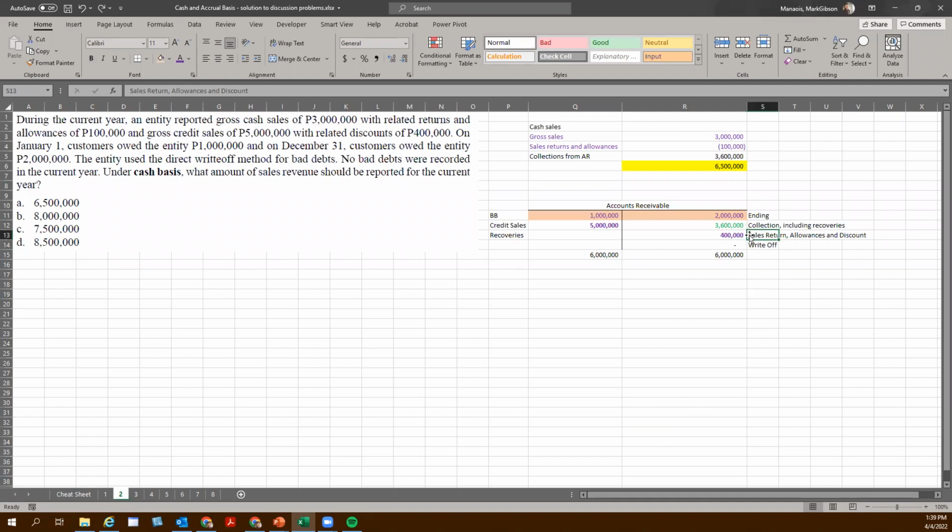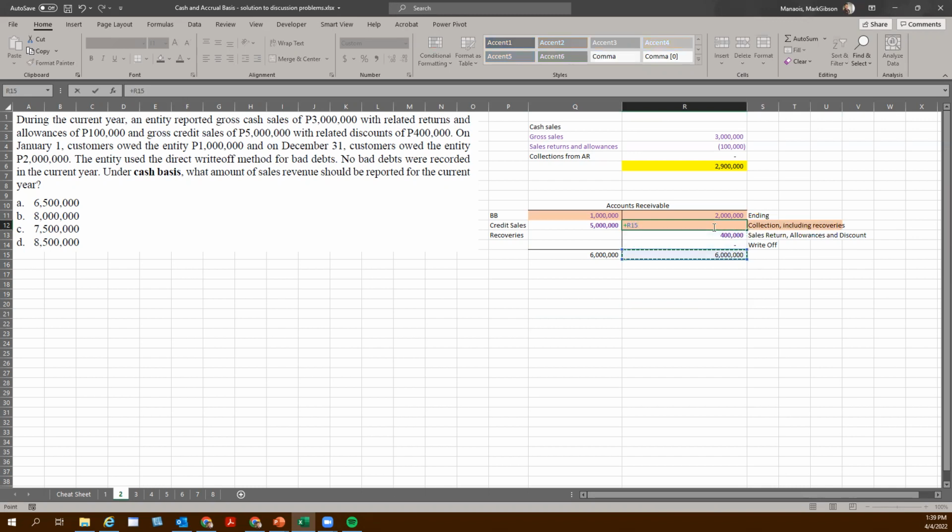And of course, the write-off. Amount written off, but in this case, we don't have any. So let's get the sum. So we have 6 million. Let me remove this first, the 3.6. So we have 6 million there. So let's squeeze in the collection again. Let me squeeze this. So that would be 6 million less 2 million and less 400,000.